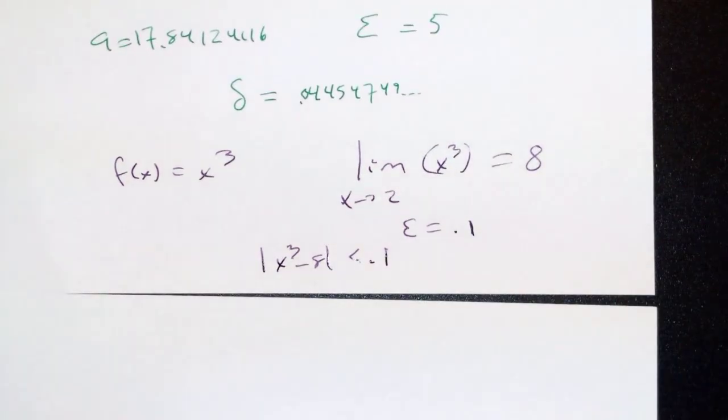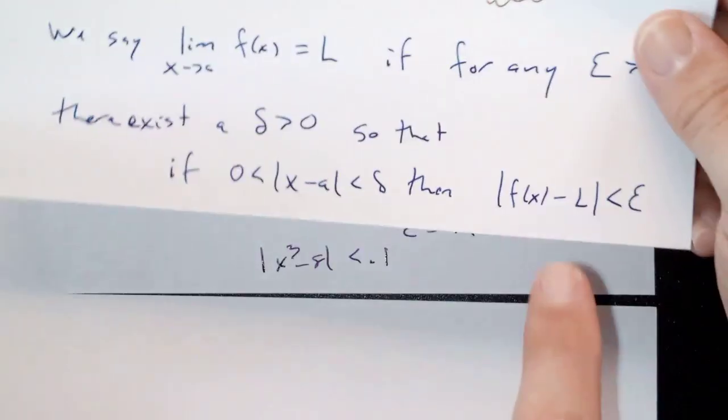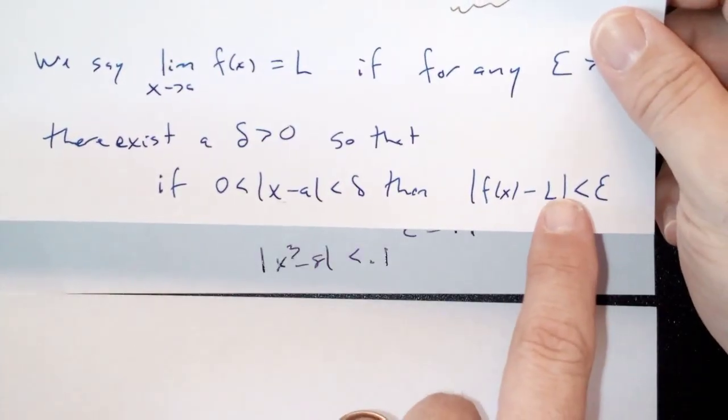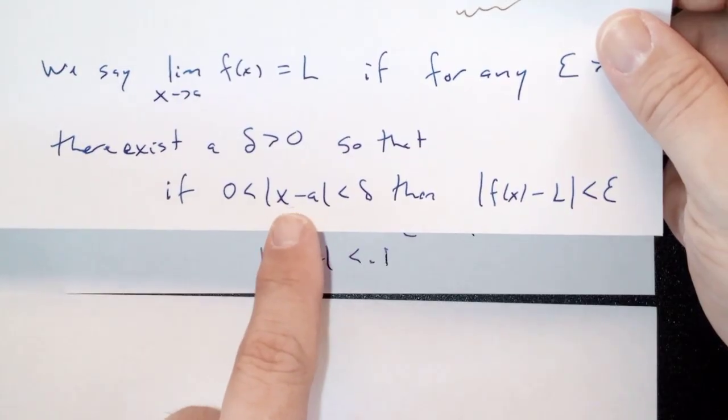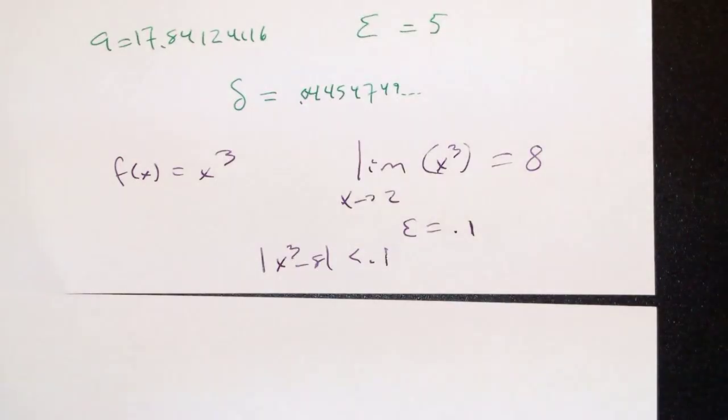Now, my eventual goal is to turn that algebraic expression from this involving f of x to this involving just x. So I'm going to rearrange and do a little algebra light here.